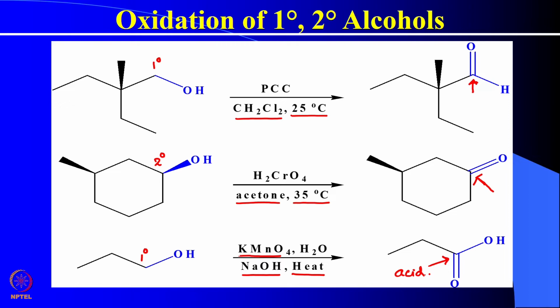So depending on what kind of reagent you are choosing, the product is different. In the first case, we have seen the formation of aldehyde. In the second case, it has formed the ketone. And in the third case, when we have changed the reagent from chromic acid to potassium permanganate, we get a carboxylic acid as the product.